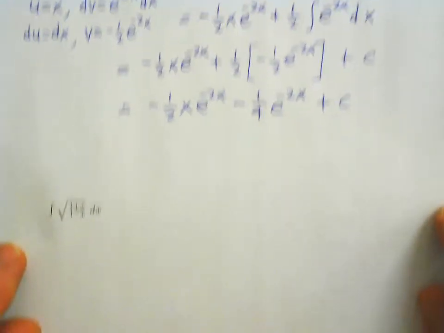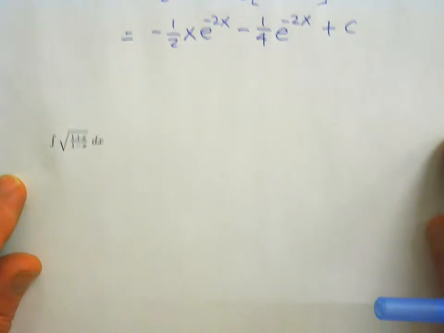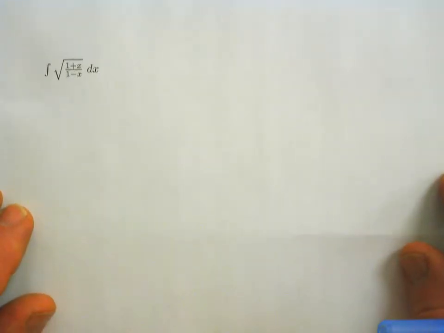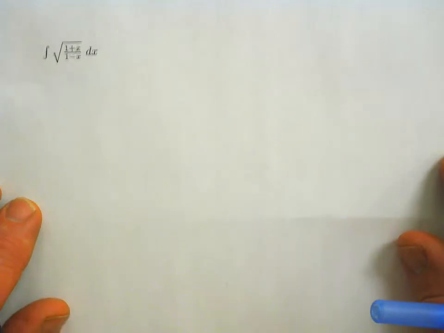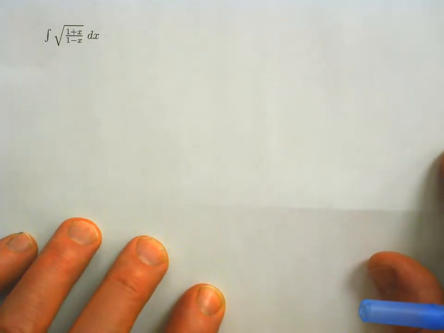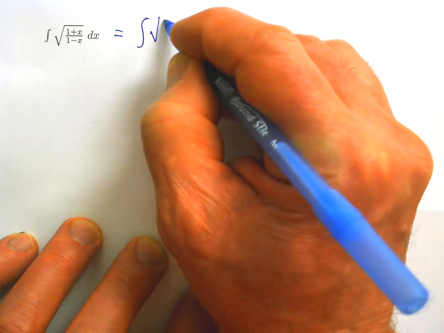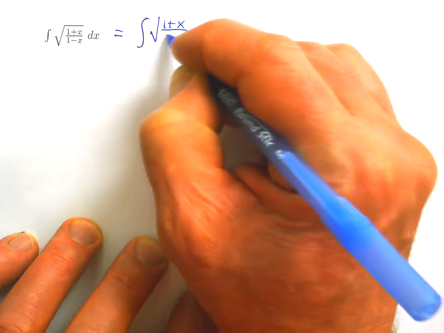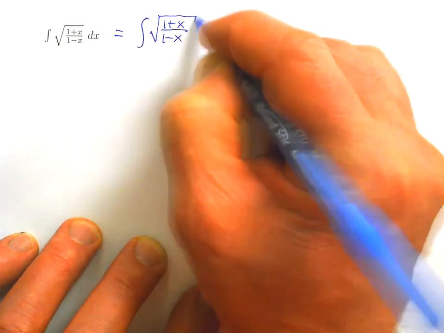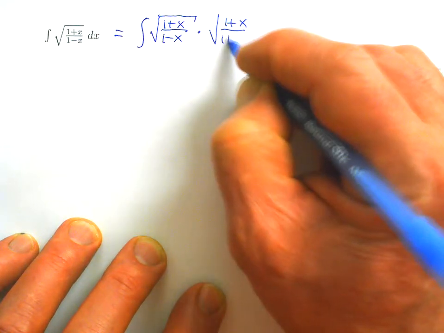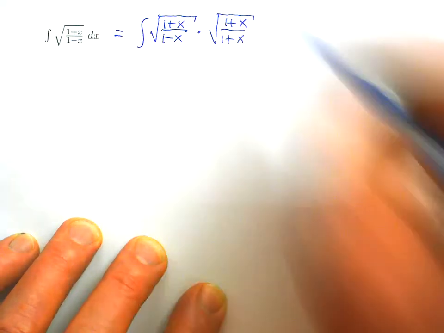In the next example, we have the indefinite integral of the square root of (1 plus x) over (1 minus x). Okay, on this one, let's multiply the integrand by 1 in the form square root of (1 plus x) over (1 plus x) dx.